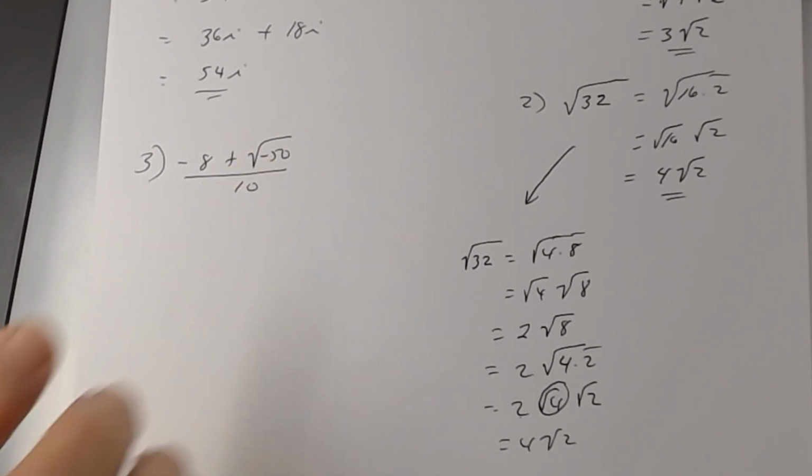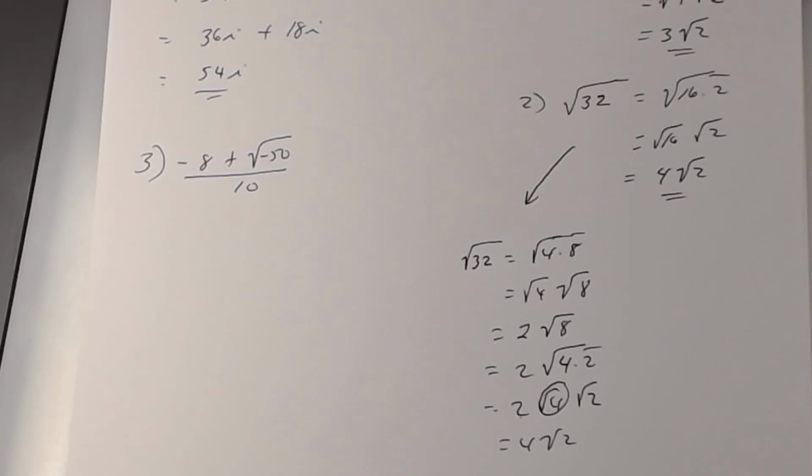Can I simplify the square root? The answer is yes for several reasons, because there's a negative, and I know that the square root of a negative number is going to involve what idea? That i. And I know that 50, what perfect square goes into 50 besides 1? 25.